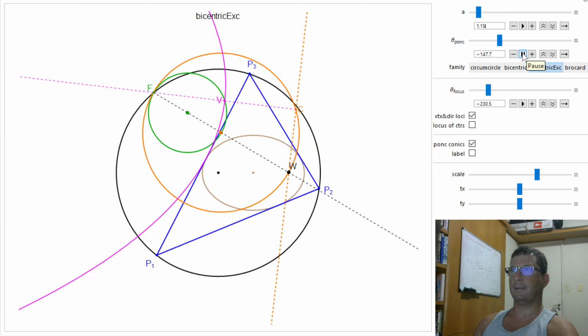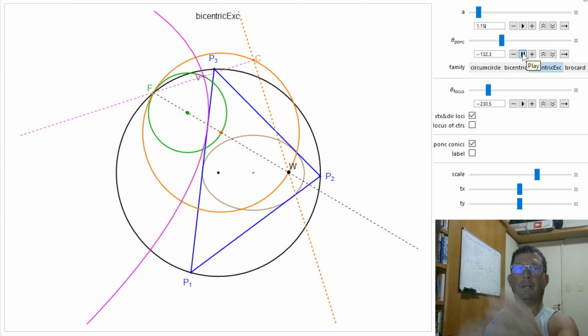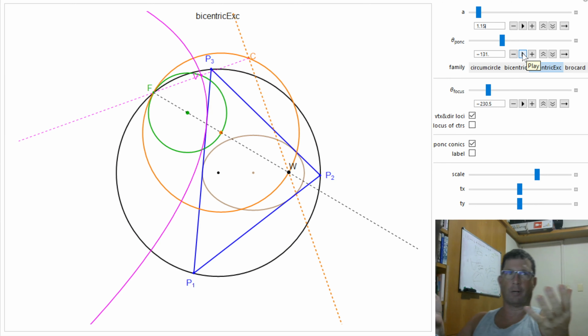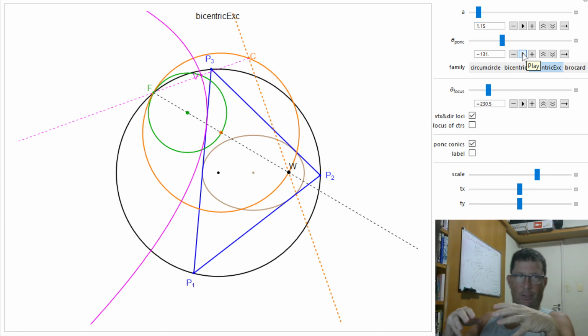So this is surprise number one. We're looking at several families that are inscribed in a circumcircle. Perhaps a conjecture that we could make here is that for any Poncelet triangle family inscribed in a circle, regardless of the caustic, and I haven't tested a whole lot of other examples here, but we've seen 3 or 4, regardless of the caustic, the locus of the inparabola vertex is always going to be a circle.